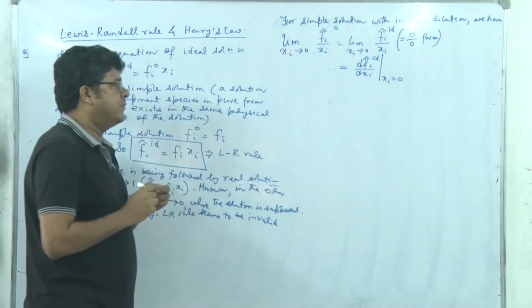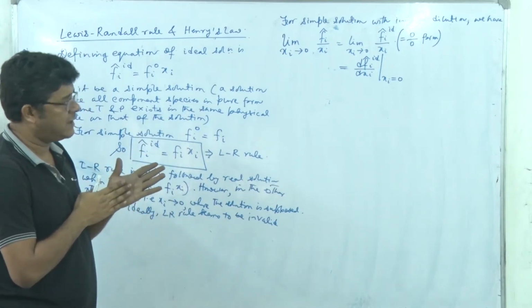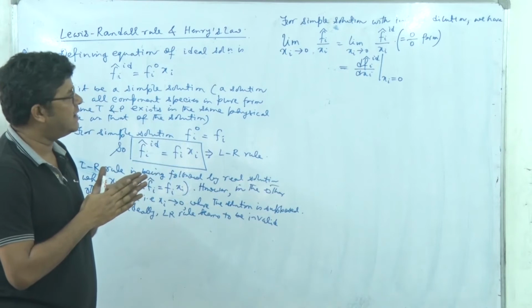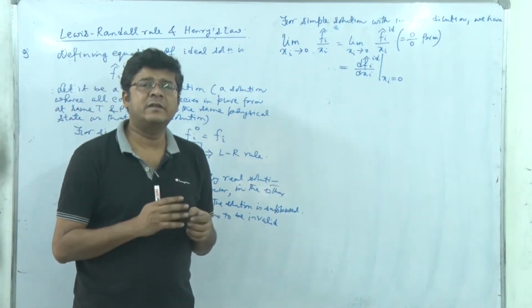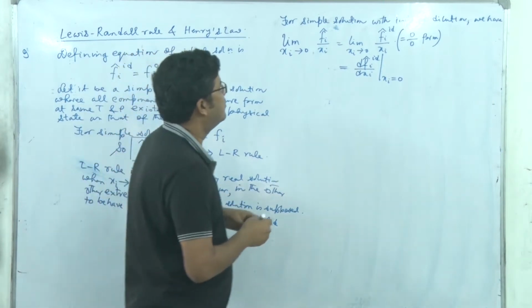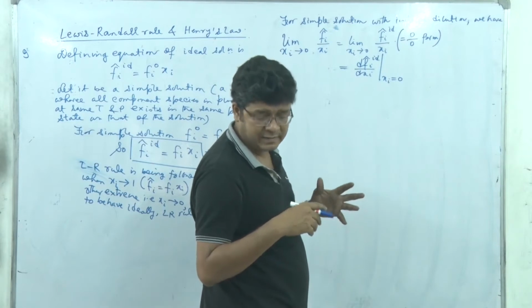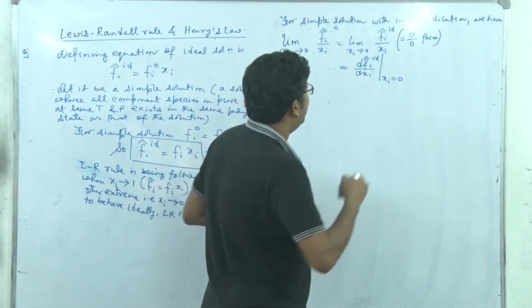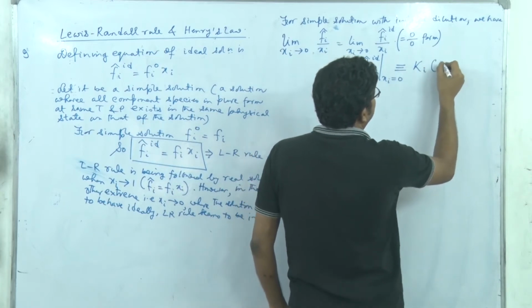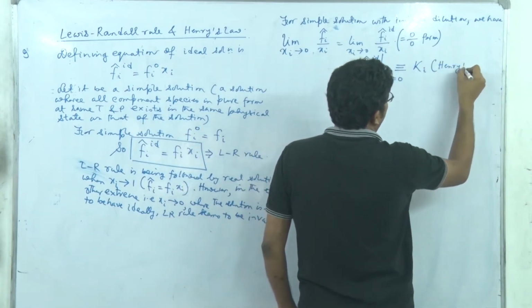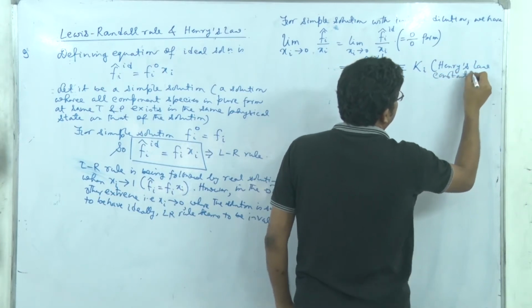So this derivative, the slope of this Fi cap versus xi curve when xi tends to 0 must be equal to some characteristic value of that component. So we define it as Ki, and this is the Henry's law constant, right?